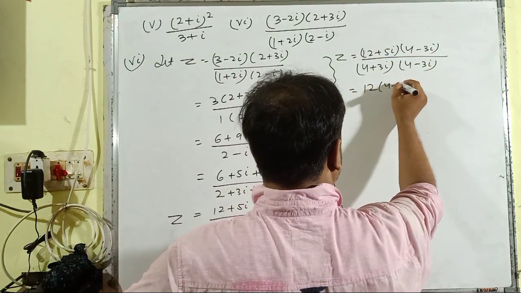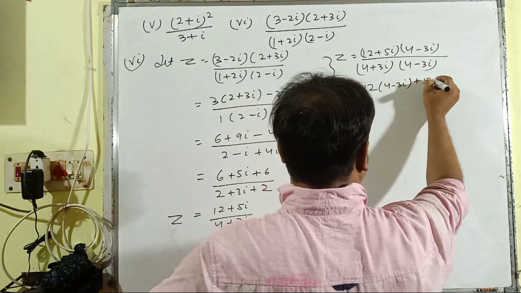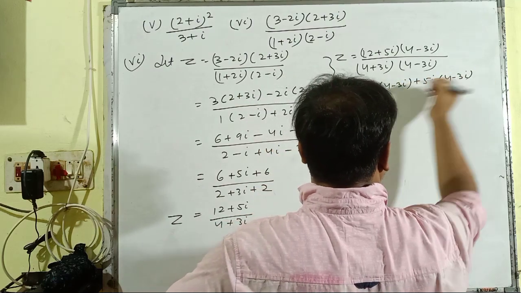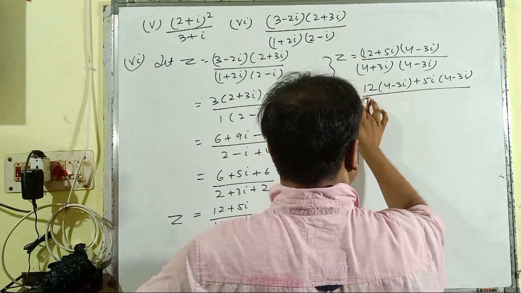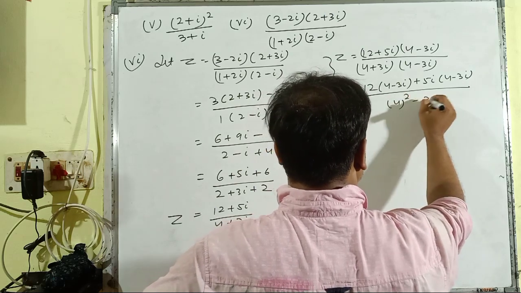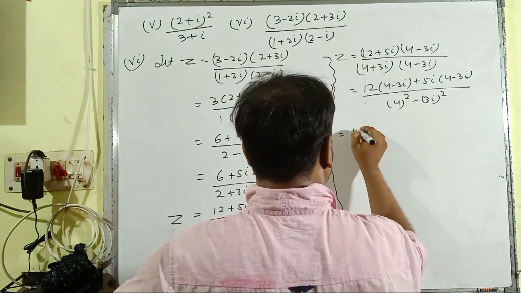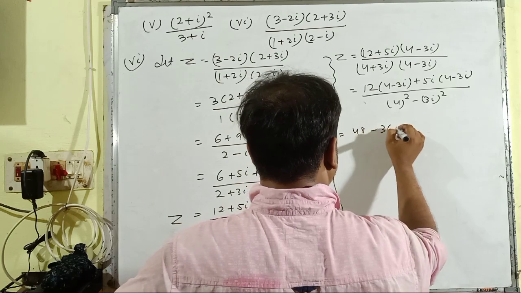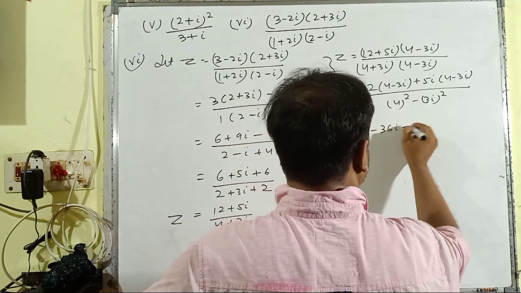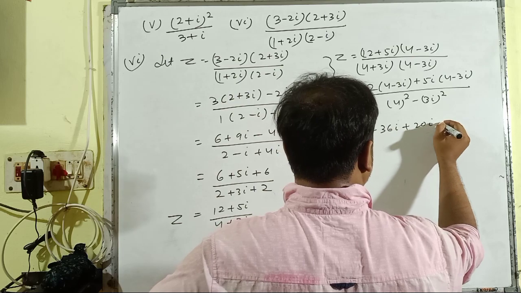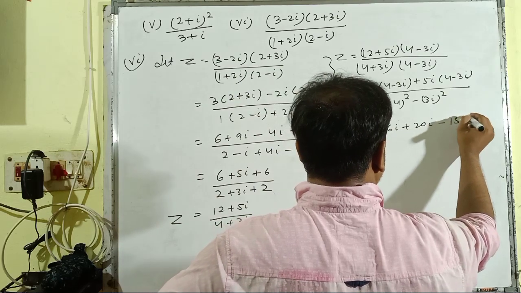So 12 multiplied with (4 minus 3i) plus 5i multiplied with (4 minus 3i), whole divided by 4 square minus the square of 3i, then it is 48 minus 36i plus 20i, then minus 15i square.